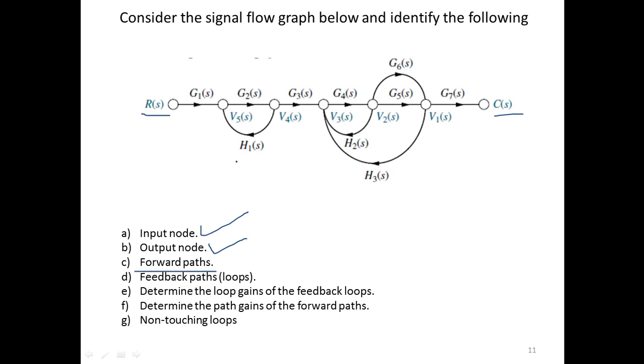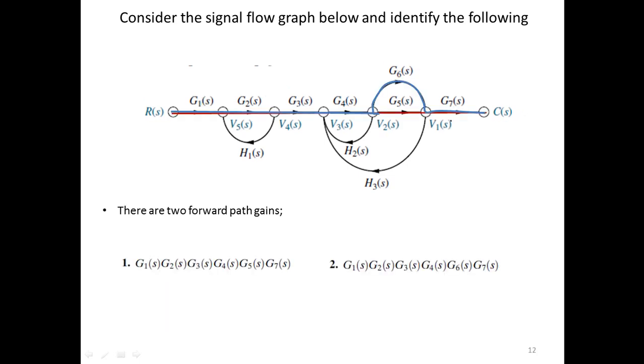So the forward paths are from this node to this node, this node to this node. Again, this is the forward path, this is the forward path, this is the forward path, and this is the forward path as well, and this one is also a forward path as well. So there are how many paths? 1, 2, 3, 4, 5, 6, 7. So there are 7 forward paths.